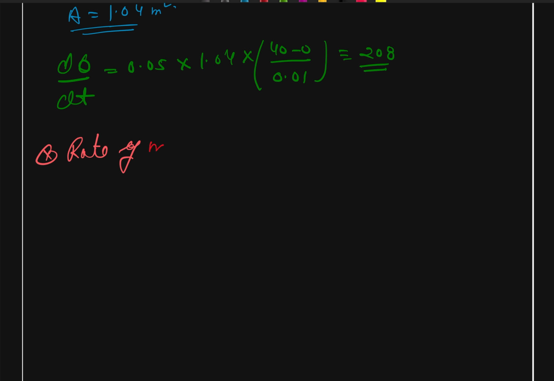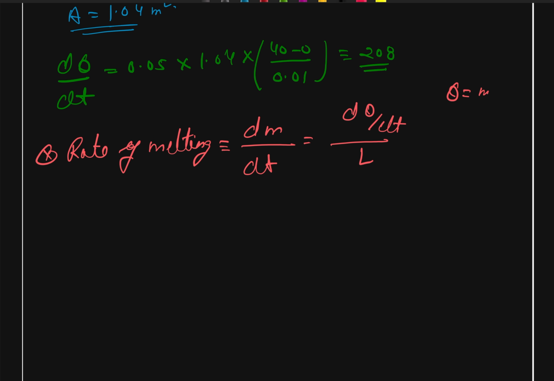Rate of melting means dm upon dt. Basically, rate of melting is the rate of decrease of the mass, and for this we can use Q is equal to mL. If you differentiate both sides, we get this as dQ by dt divided by L, because we know that Q is equal to m times L. So from here we can easily divide and find out the rate.